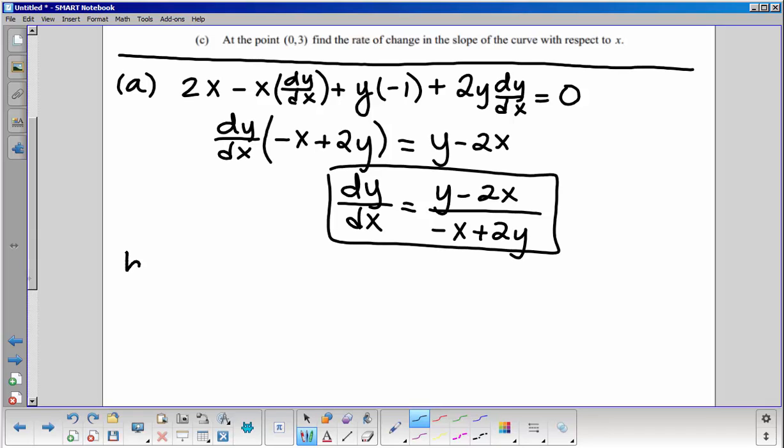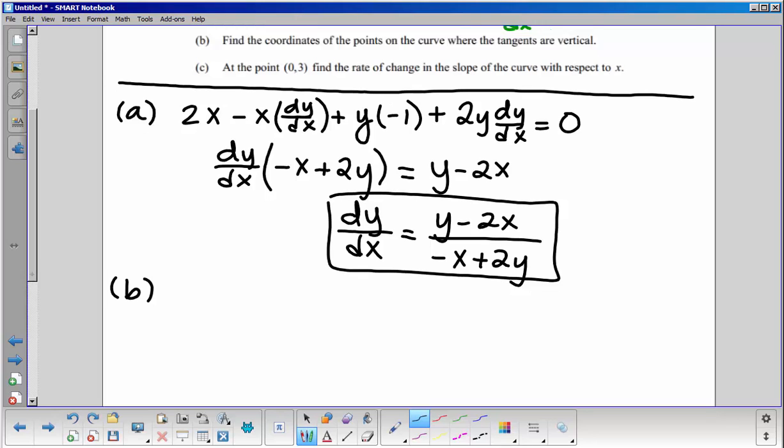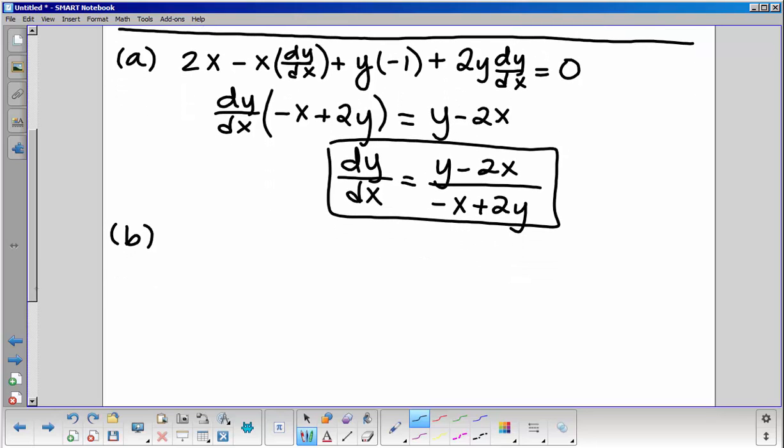So what does part B say? It says, find the coordinates of the points on the curve where the tangents are vertical. So how do we know when we have a vertical tangent? When the denominator is 0, right? Because the slope is undefined.